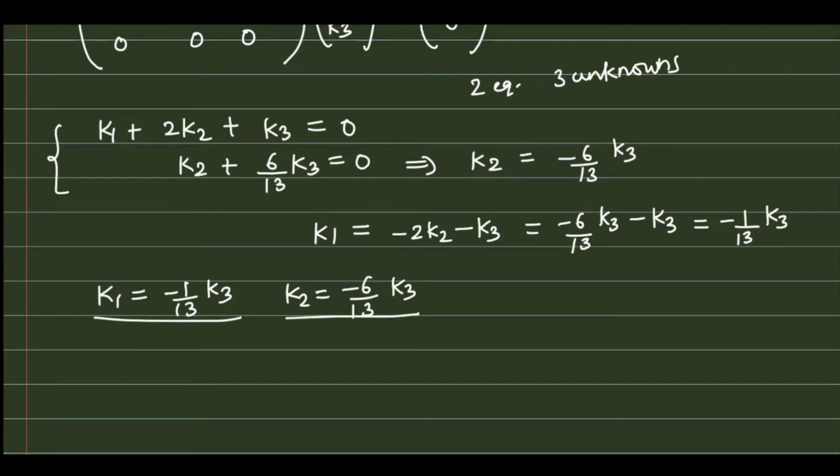Now we can give any value to K3. K3 can take any value and K1 and K2 are obtained from the respective values. So for simplicity, let K3 equal to minus 13. This implies that K1 equal to 1 and K2 equal to 6.